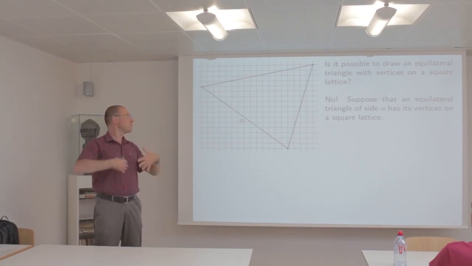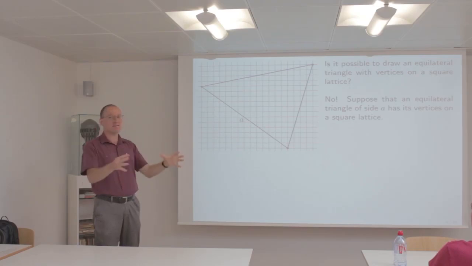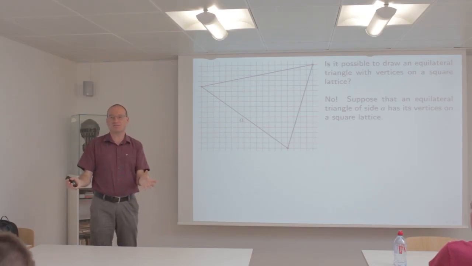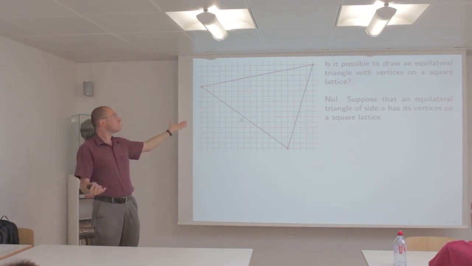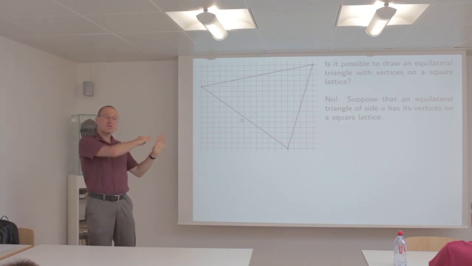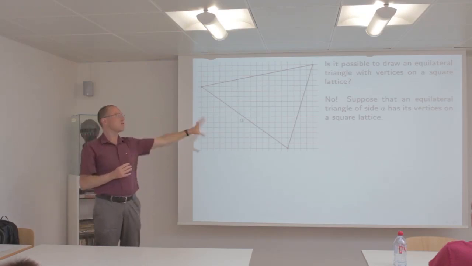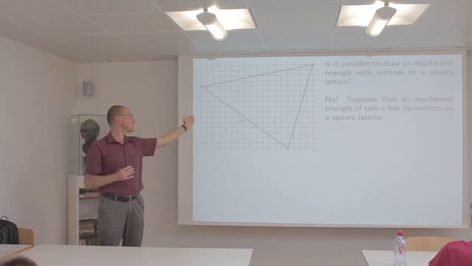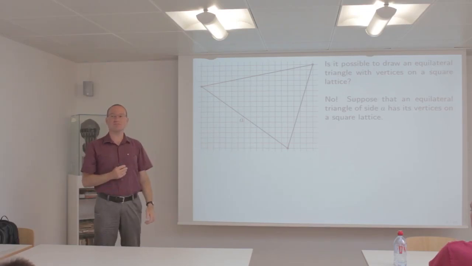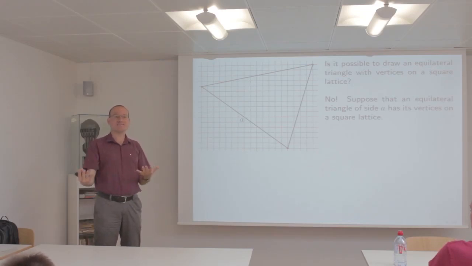We have to use our knowledge, put together some stuff and then get a contradiction. The contradiction should come from somewhere. Now, how can you get a contradiction? Suppose you have an equilateral triangle on a square lattice, and let's say that the side length is equal to A. What would you look at that will give you a contradiction?